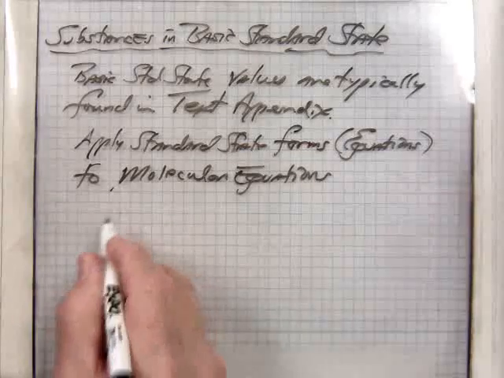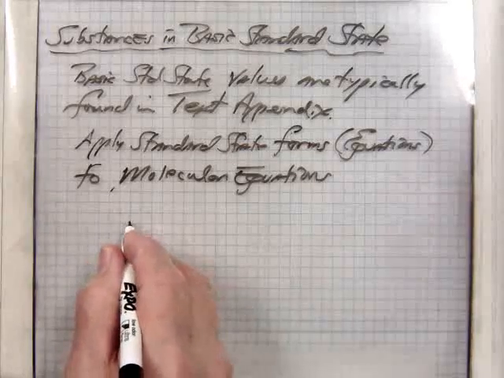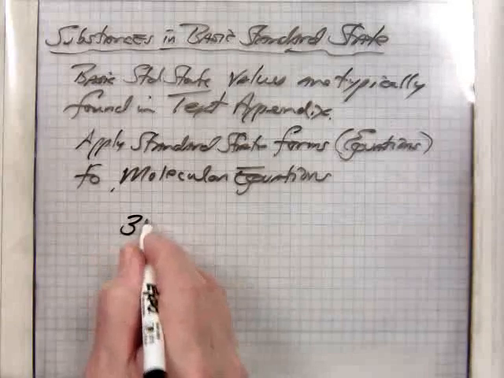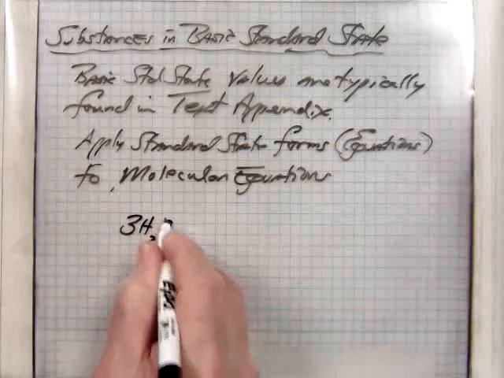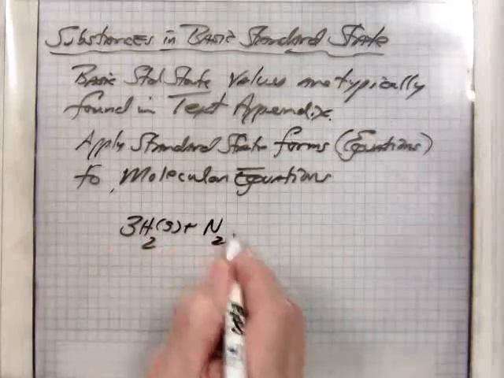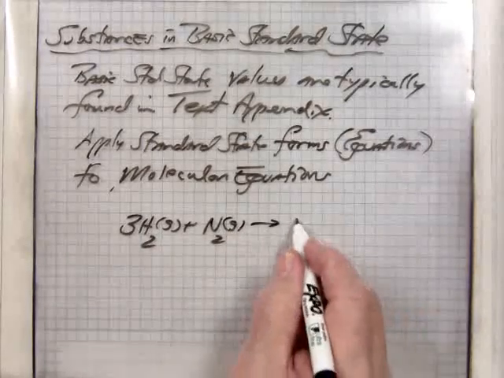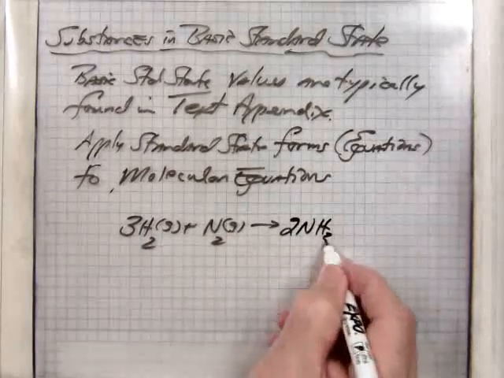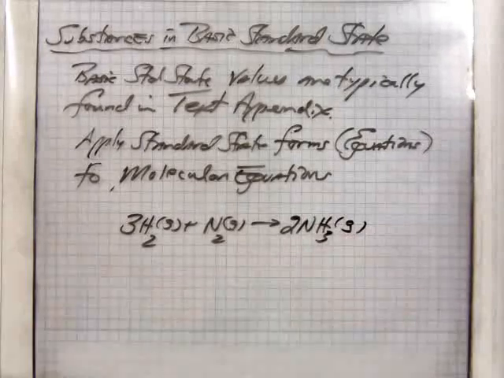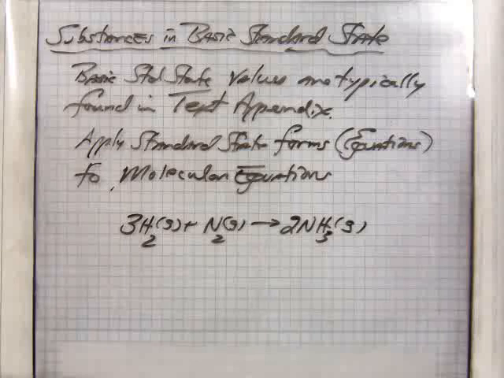Given, for example, let's go back to, I'll use this equation, 3H2 gas plus N2 gas goes to 2NH3 ammonia gas. So let's jot that down. Now that is the correct form, and it is balanced for that process.